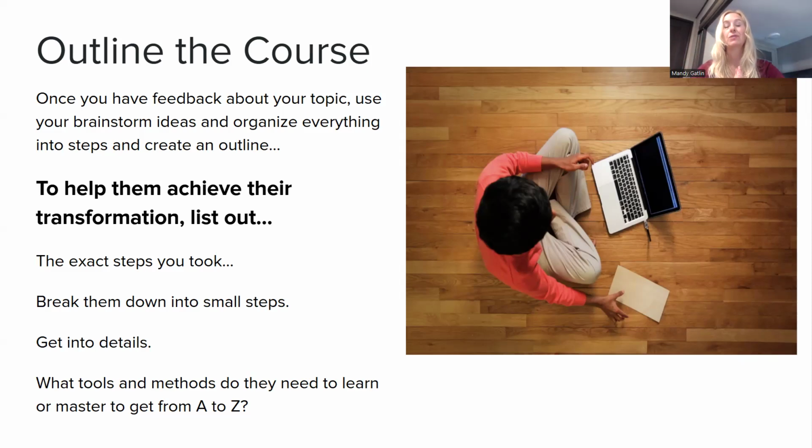Okay, so for example, let's say with the weight loss course as our example, maybe to start out, heading 1 is all about habits and mindset. Maybe that is the thing that, for you and your transformation, was the hardest thing you had to learn.